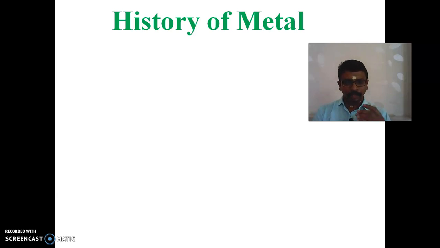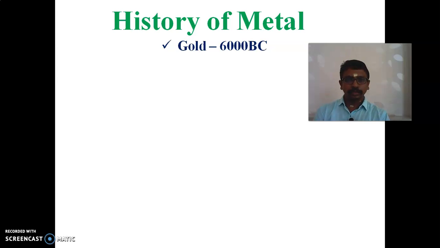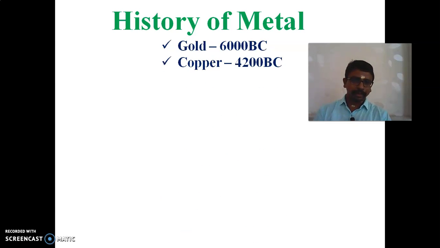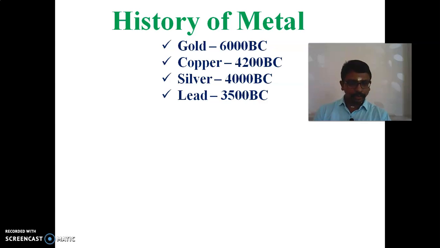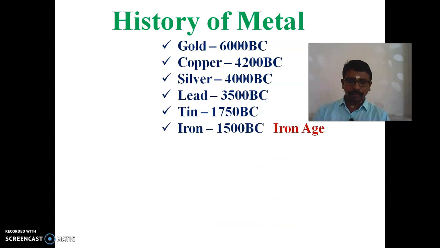We can discuss when some metals were introduced. First, gold was introduced in 6000 BC, and copper at 4200 BC, and silver at 4000 BC, and lead at 3500 BC, and tin at 1750 BC, and iron at 1500 BC. This period is called the Iron Age.